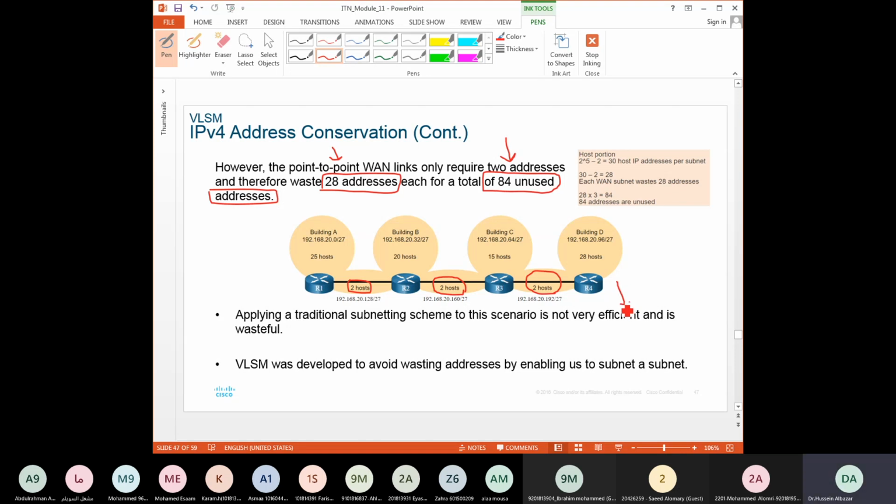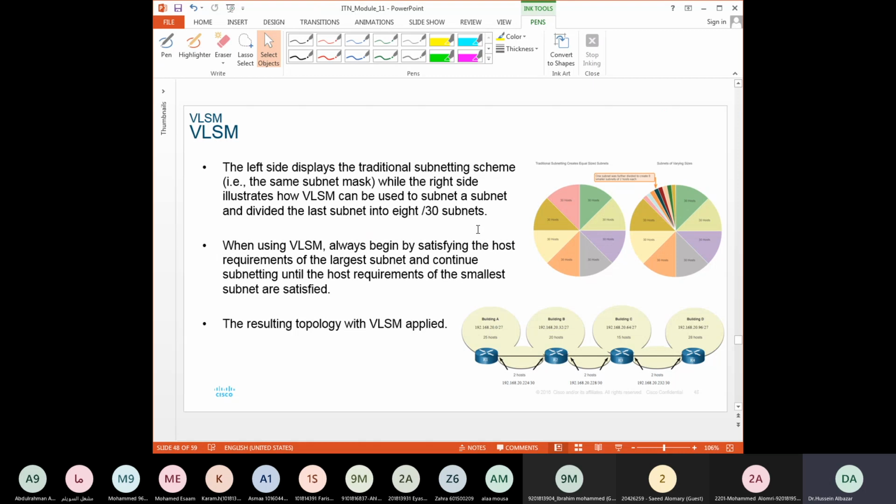So what can we do? Simply, we will use VLSM, variable length subnet mask, for the last 3 required subnets. This is the original subnetting.